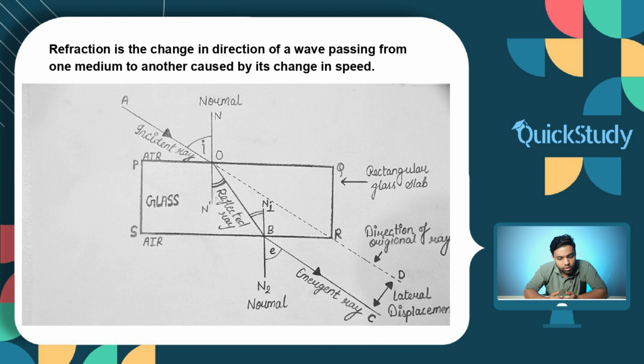While traveling from air to glass, it is refracted and bends, and then comes out into air again. But when it is coming out, the original direction of the ray would be straight, but it is not. Now it is bent. This bending of waves while passing from one medium to another is known as refraction. You can take a screenshot of this figure to understand how to draw a refraction of light.